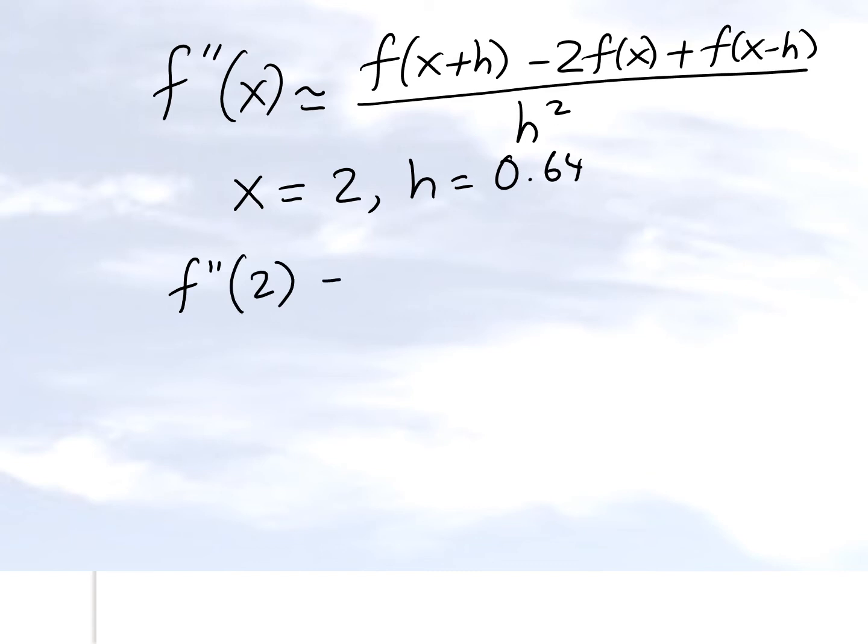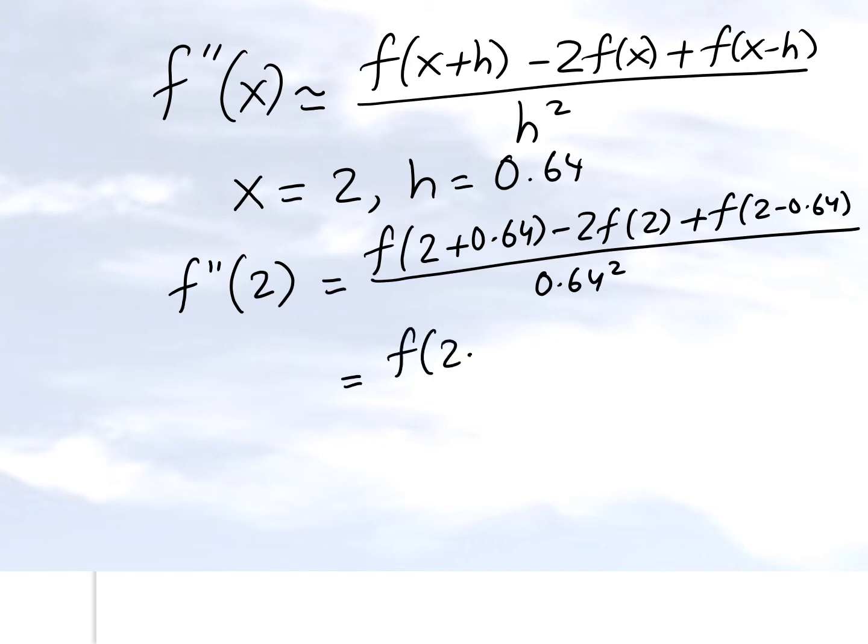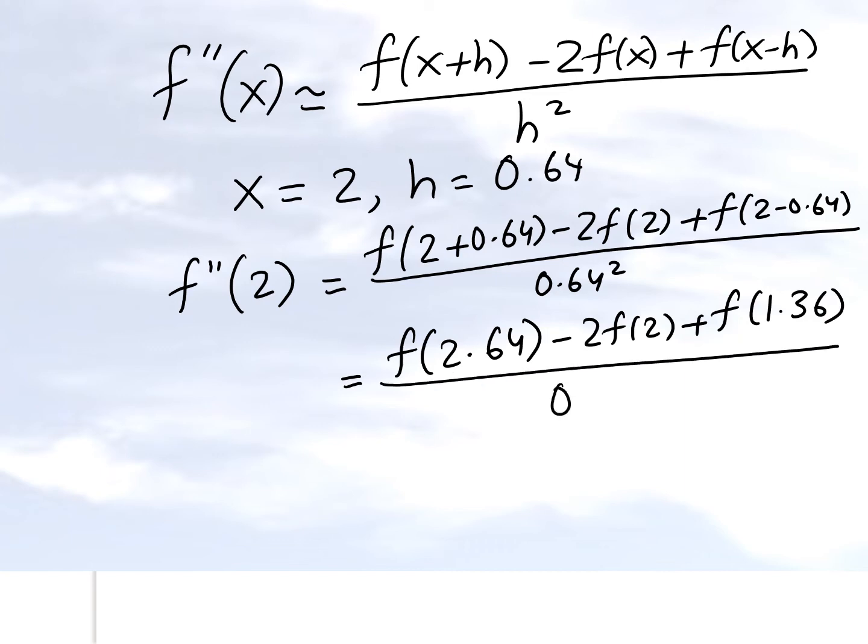So the second derivative of the function at 2 will be given by calculating the value of the function at these points as given here. So what that means is we have to calculate the value of the function at 2.64, we have to calculate the value of the function at 2, and we have to calculate the value of the function at 1.36. And that's what's going to give us the second derivative of the function.